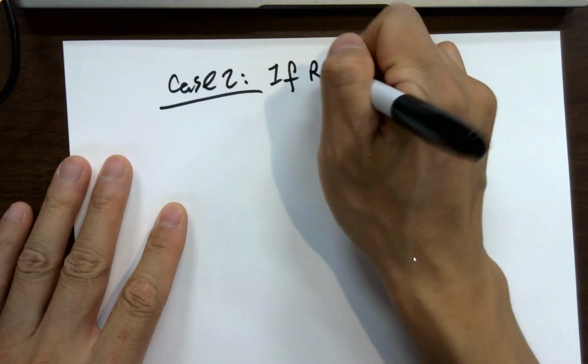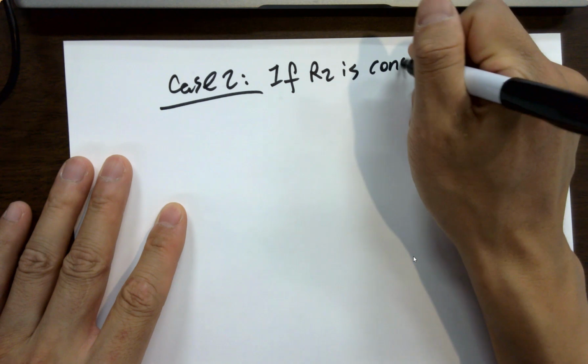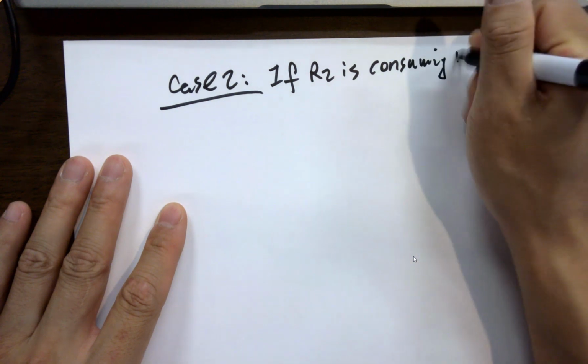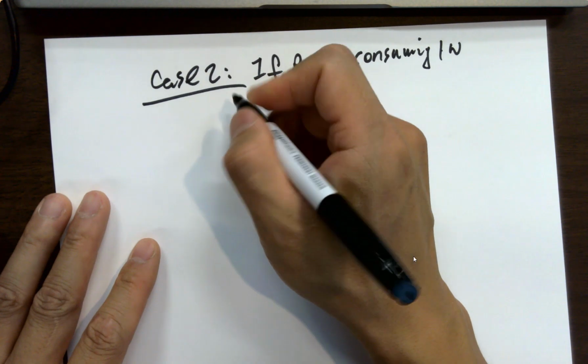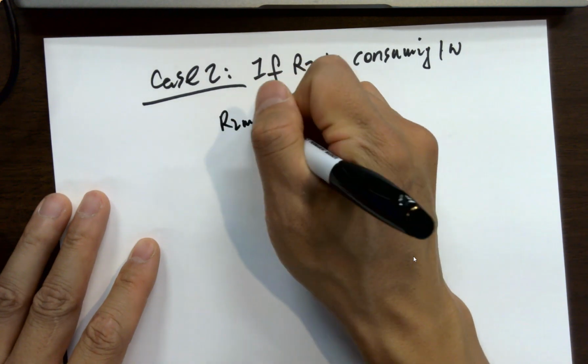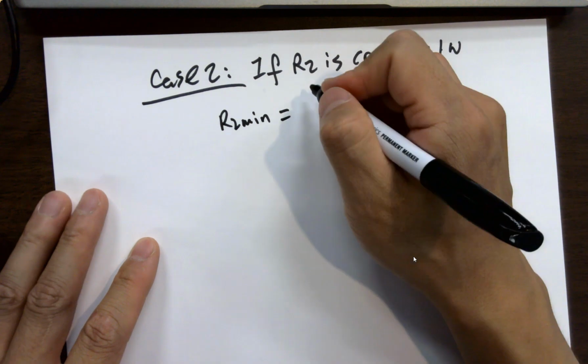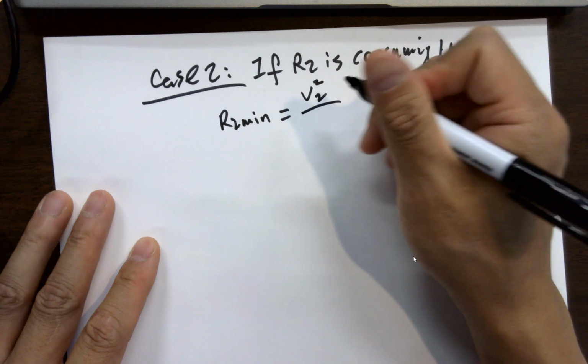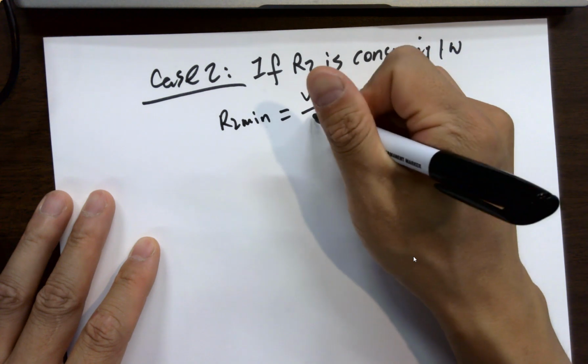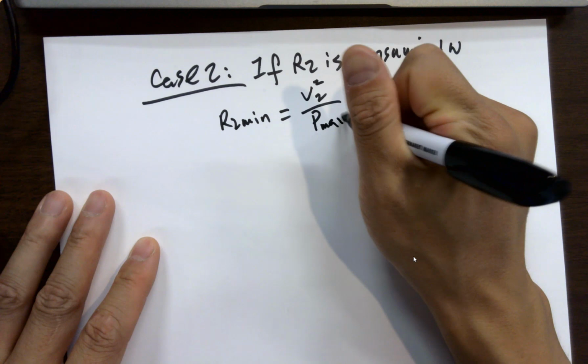If R2 is consuming 1 watt, then R2 minimum will be V2 square over the power max, which is 1 watt.